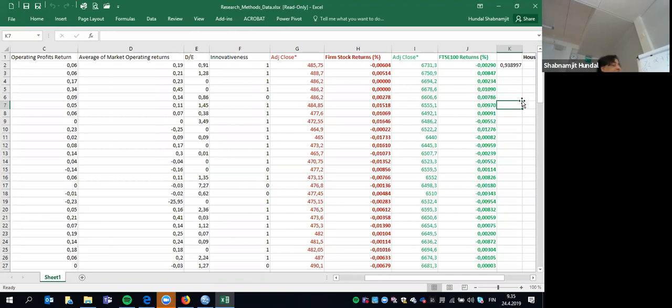So it means that my alternative hypothesis, if I explain in the same betas, if I rewrite them, beta 1, beta 2, they are not equal to 0. So they have some impact.